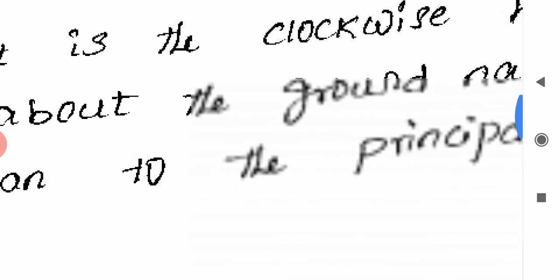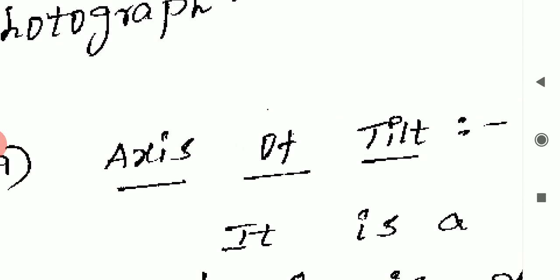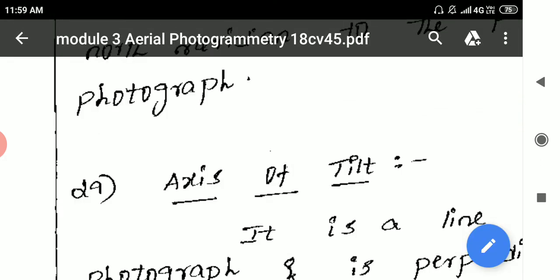It is the clockwise horizontal angle measured about the ground nadir point from the north meridian to the principal plane of the photograph. And axis of tilt is a line in which the plane of the photograph is perpendicular to the principal line at the isocenter.